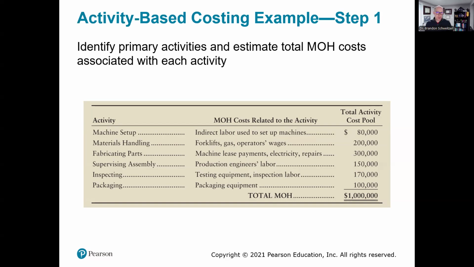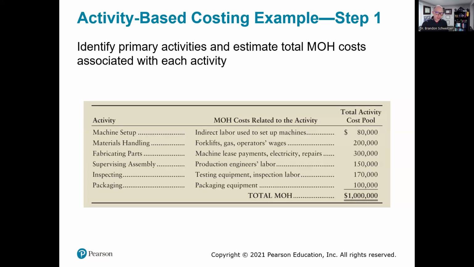So one activity would be setting up the machines, and it takes indirect labor hours to do that, and we estimate the activity cost pool for that to be 80,000. We have handling materials, cost pool for that's 200,000. The fabrication of parts, this is soldering the parts together. We estimate that activity cost pool to be 300,000.